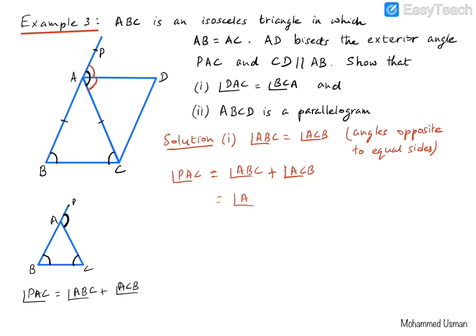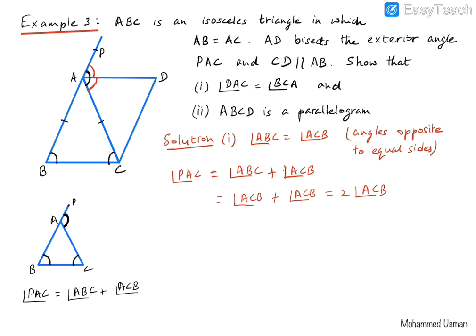ABC is the same as ACB, so ACB plus angle ACB is 2 times angle ACB. So angle PAC, which is this exterior angle PAC, is equal to 2 times ACB.